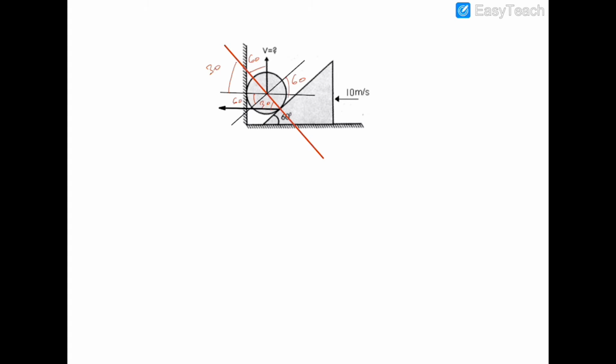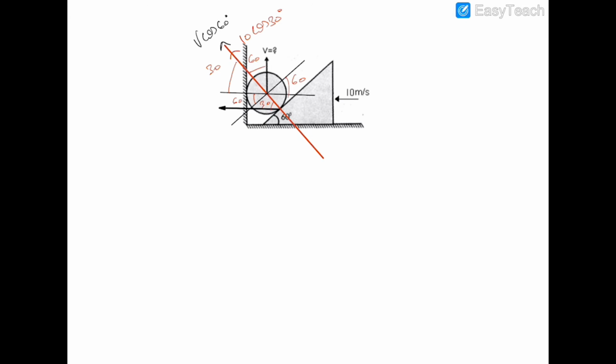So we can see that the component of velocity V along the normal is V cos 60, and the component of velocity of the wedge along the normal will be 10 cos 30.